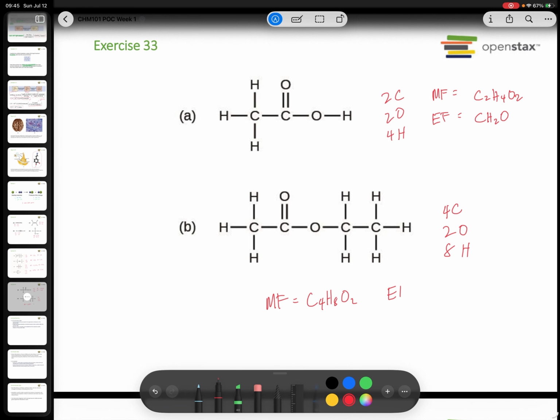Then for the empirical formula, divide by 2. So 2 yung pinakamababang whole number, no? Na pwede natin pag-dividean. We have C2H4O. Okay? So that's how you get the empirical formula, no? From the molecular formula. Okay?